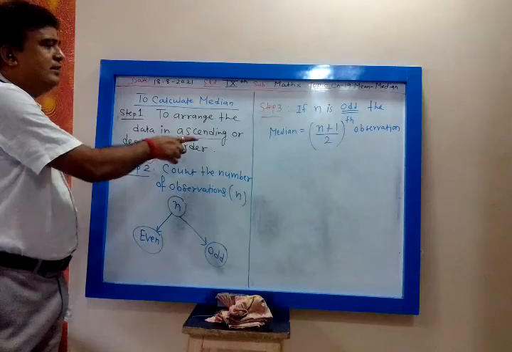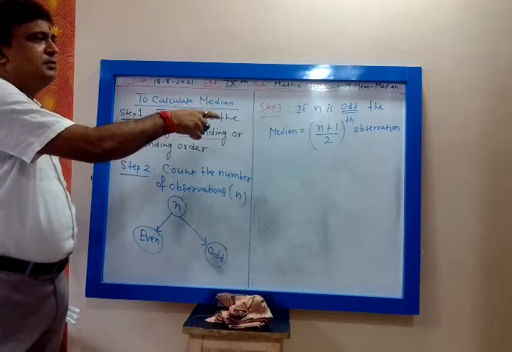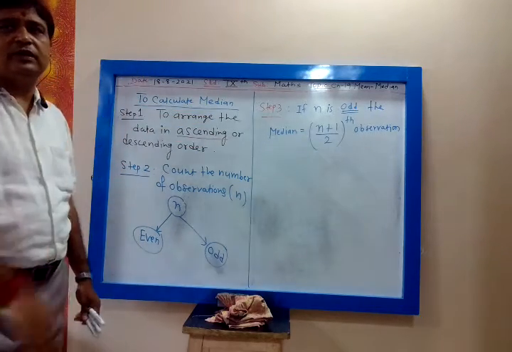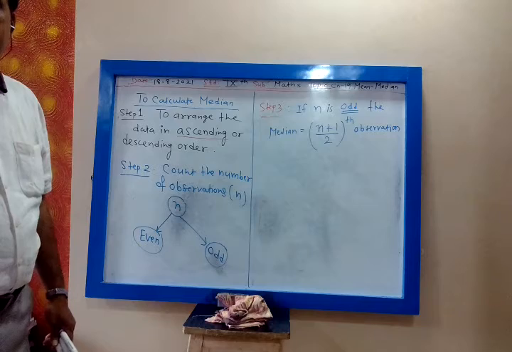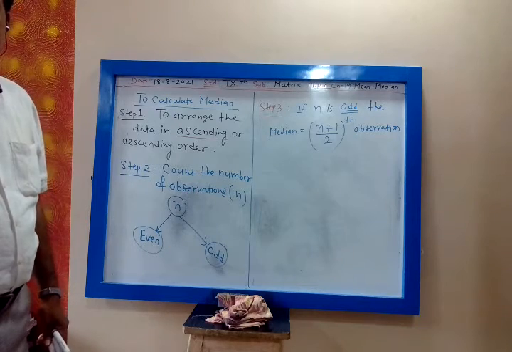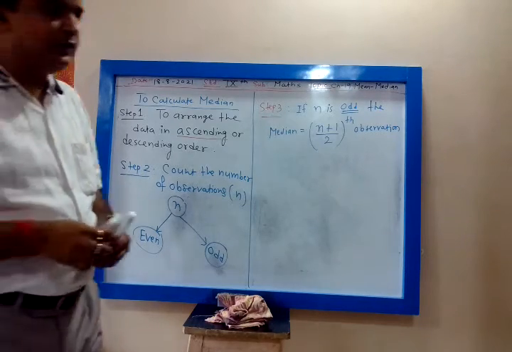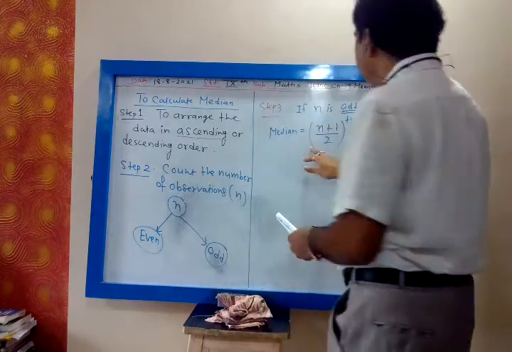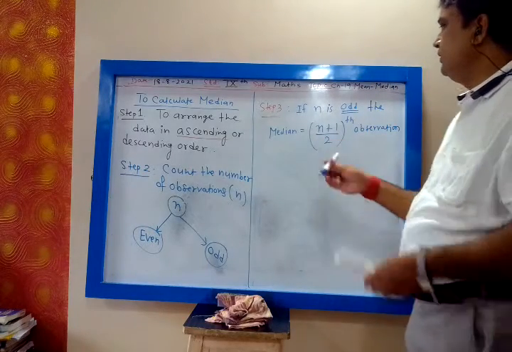Whichever data you have arranged in the ascending order, you have to find n plus 1 upon 2th observation of that arranged data. If n is odd, then this is the formula, n plus 1 upon 2.